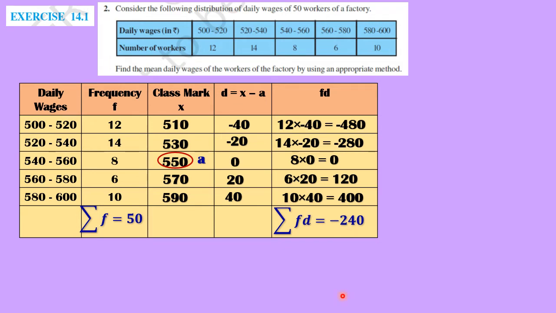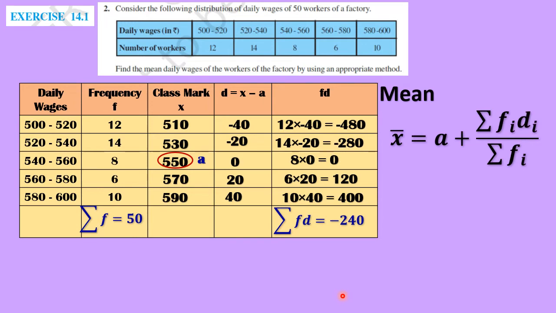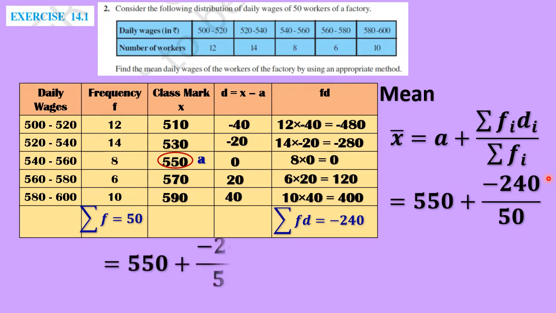Now let us write the formula. Assumed mean method, the formula equal to A plus sigma fi di by sigma fi, equal to 550 is A plus sigma fi di, minus 240 divided by 50. On simplifying, we will get 550 plus, 0 cut 0, minus 24 by 5, equal to 550 minus 24 by 5, equal to 4.8.